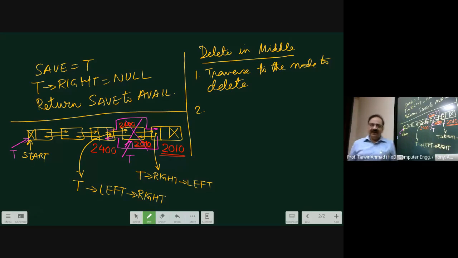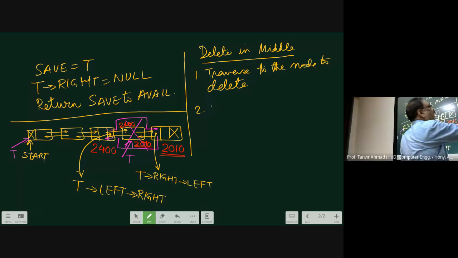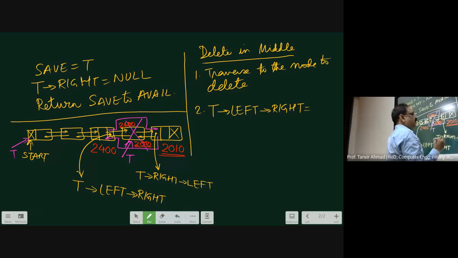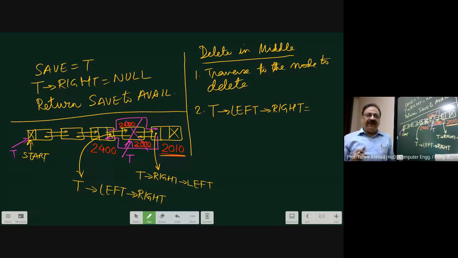Correct? That means those two things are there. Now, what you have to do is copy that 2010 into T of left of right. That means you write T of left of right is equal to this value. This value is saved at T of right. Therefore, you write T of left of right equals T of right.